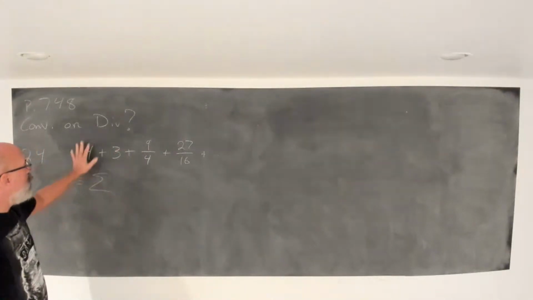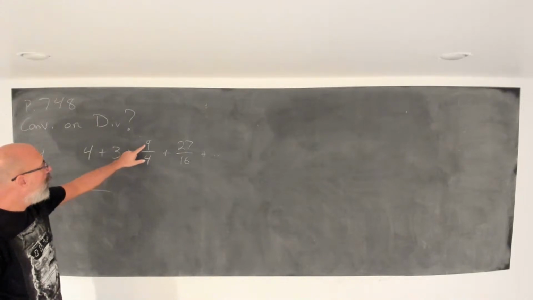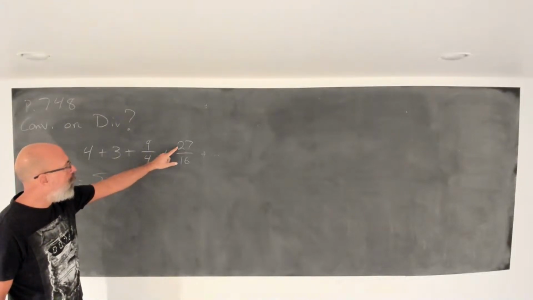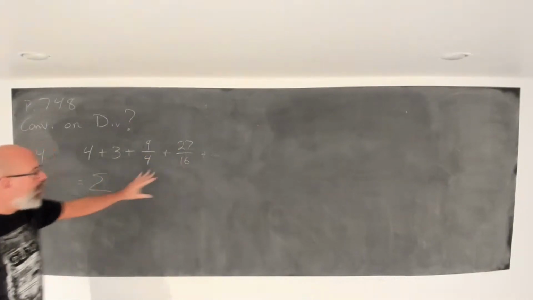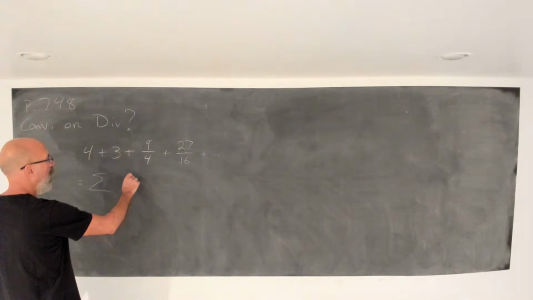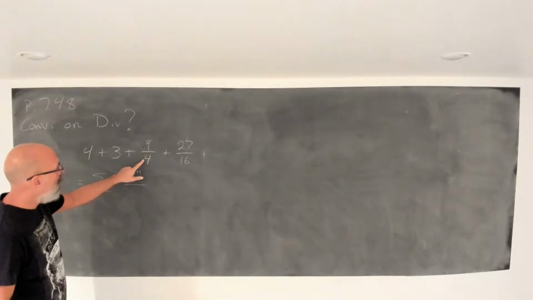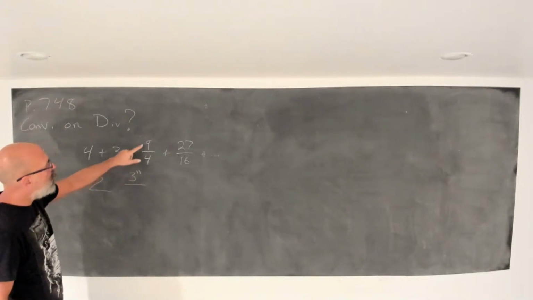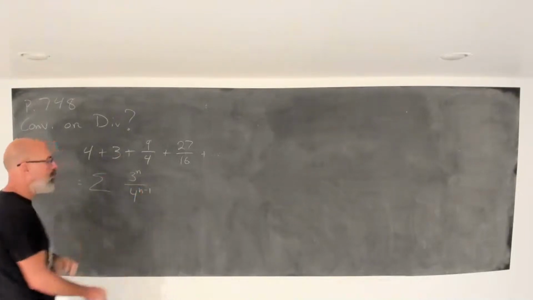If we forget these two things for a moment, 9 over 4, which is 3 squared over 4, and then here you've got 3 cubed over 4 squared. So that kind of gives you the flavor of what's happening, right? Maybe powers of 3 here, and on the bottom, maybe you got powers of 4. But here the power is 1 less than the top. So 4 to the n minus 1 perhaps.